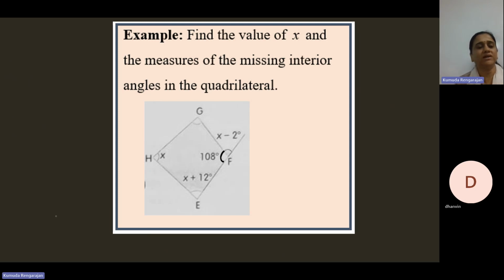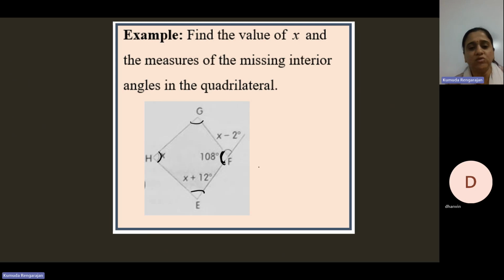So you'll have to find the missing angles, that is, G, H, and E. Angle G, angle H, and angle E are missing. You must find them.